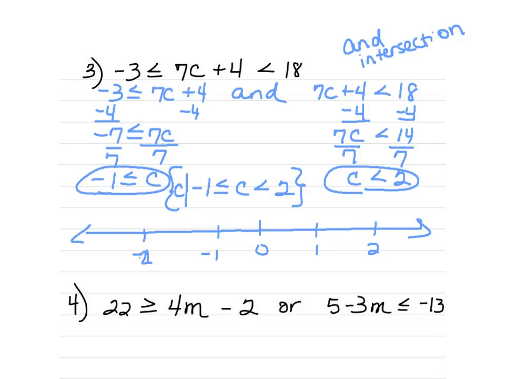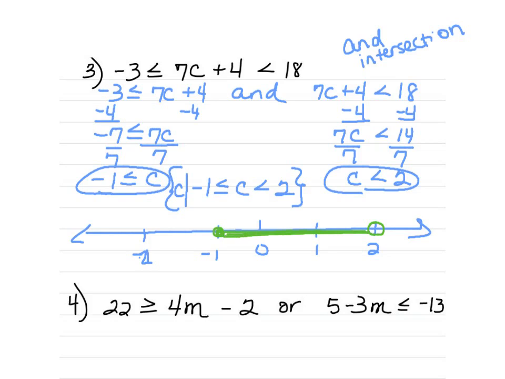Okay, we're going to have a closed circle here, and that would be shading to the right, correct? And then c is less than 2, so I'm going to have an open circle there, and we're going to shade everything to the left. But of course, we're only going to shade the points that they would have in common, which would be the points in the middle. Okay?